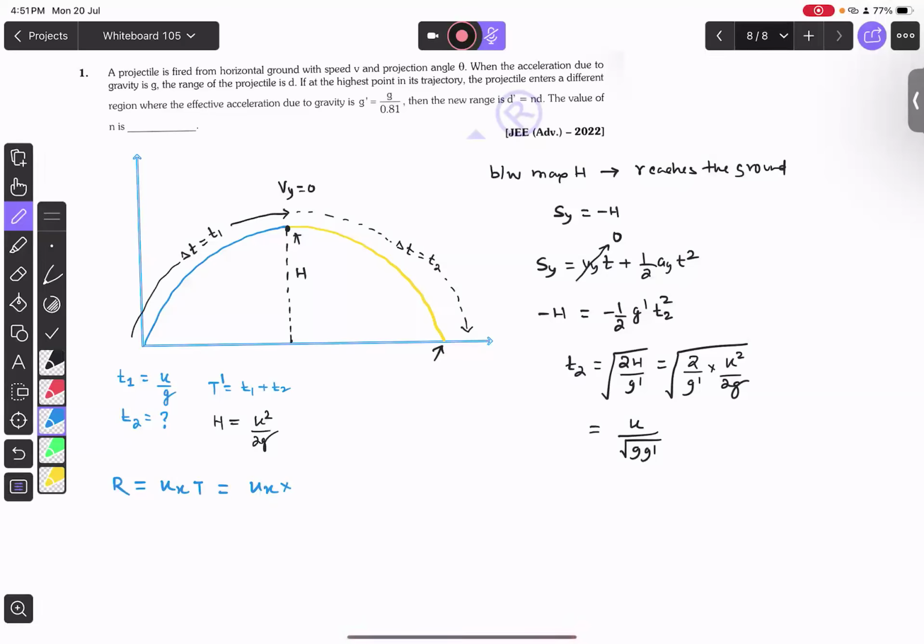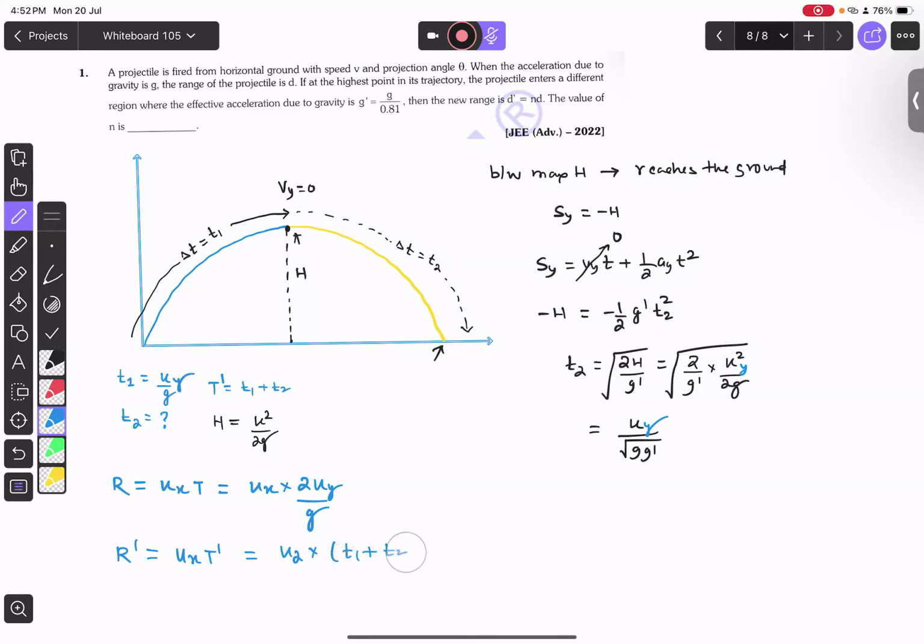I should have written ui, u sine theta, I should write ui, my mistake, I wrote u. So ux into t, that is twice of uy by g. New range R dash will be ux into t dash, and that will be ux into t1 plus t2.